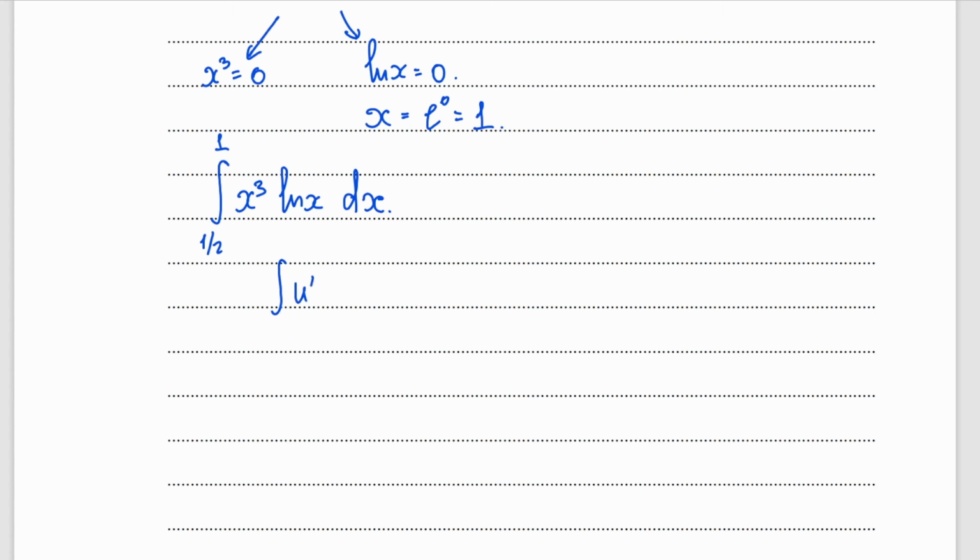The integral of uv' equals uv minus the integral of vu'. Now we'll have to choose our functions u and v, and the best thing to do is to choose v in such a way that the derivative is easier than the actual v. So I will make log x v and x cubed u'.